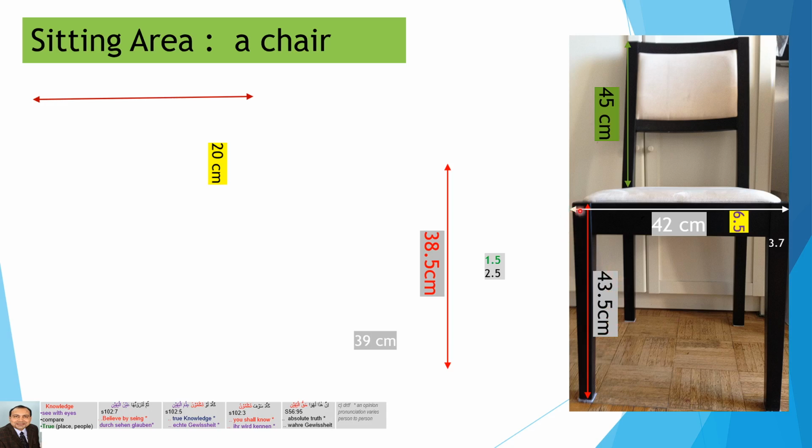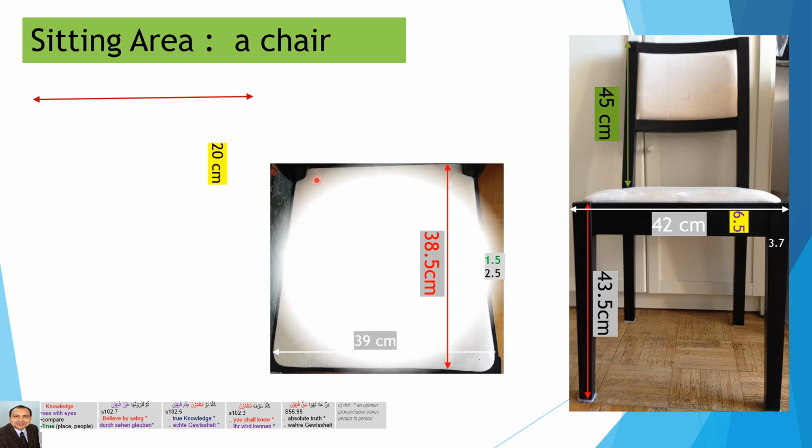This edge till this edge is 42 centimeter. This width of a wood piece is 6.5 centimeter. Here is 3.7 centimeter. The back to support your back is 45 centimeter high.